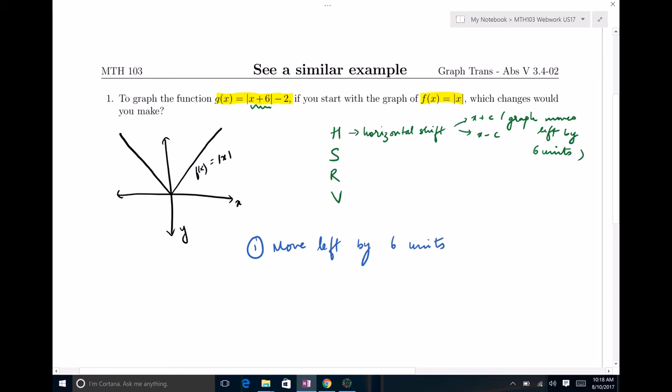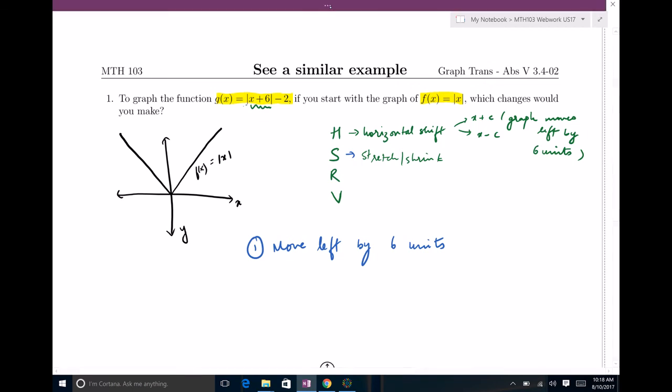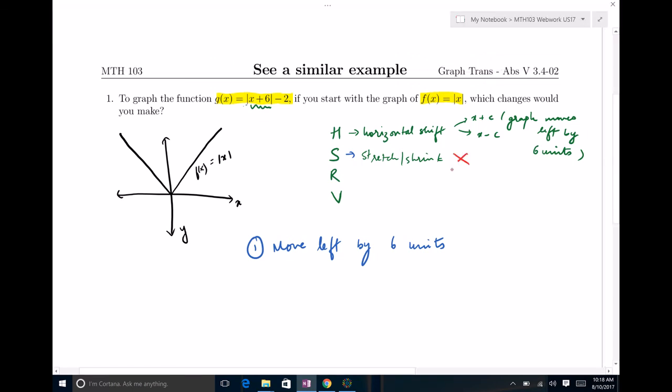Secondly, we want to check if there's a stretch or a shrink, and a stretch or a shrink is indicated by some kind of constant that's multiplied to the x or to the function. Now in this case you'll see that there's neither of those, so for stretch or shrink we'll say that this doesn't happen.